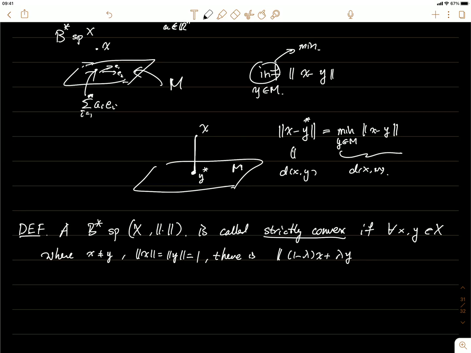We know this is a convex combination of x and y, right? But by strict convex combination, we say that lambda is strictly between 0 and 1, not equal to 0 or 1.